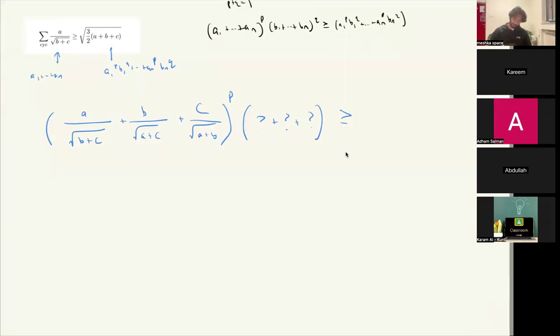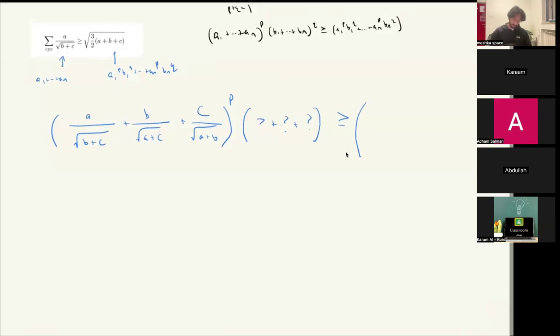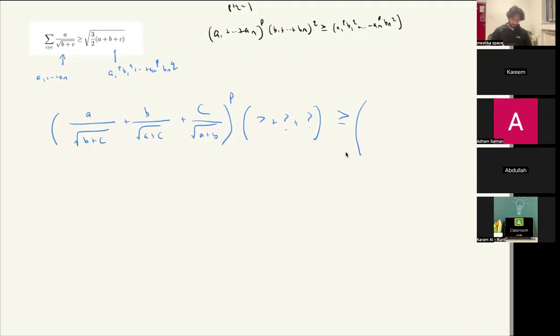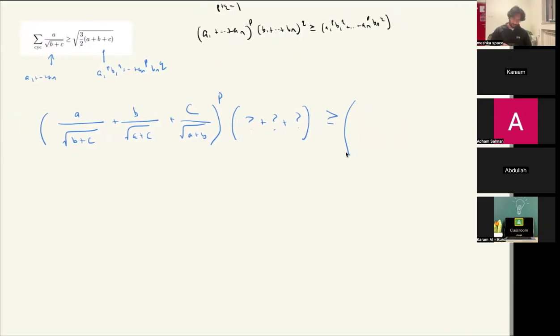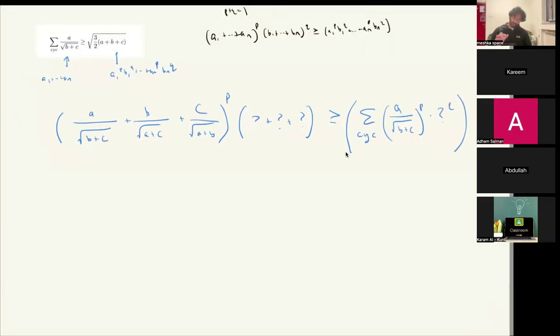And something goes here, right? So what goes here, we'll have a over square root of b plus c to the power of, I won't write the whole thing because it's long, so we want a cyclic sum of a over square root of b plus c to the power of p times whatever the question mark is to the power of q.